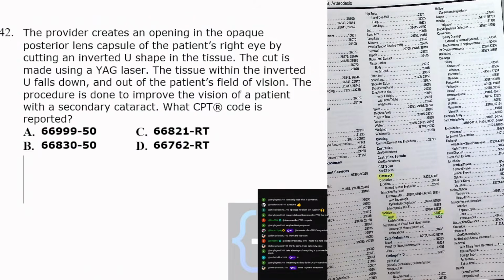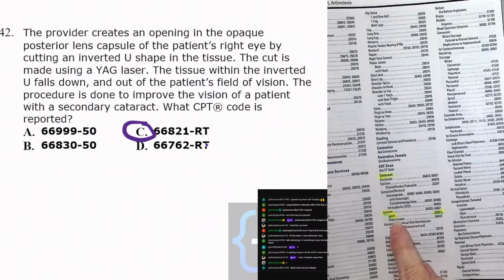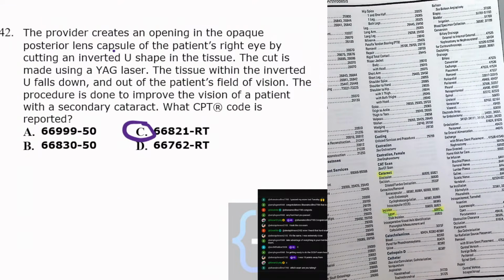And I only have one answer with that one in it. That's way easier than looking at all of these CPT codes and their descriptors. All I did was go to cataract, and then I went to incision, and then I went to laser.